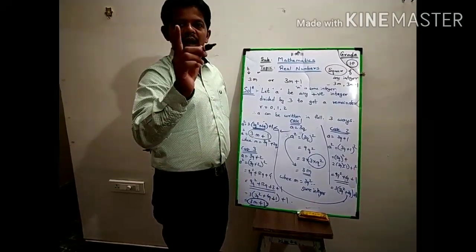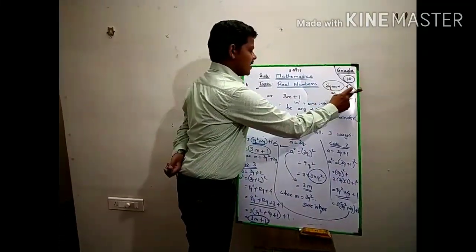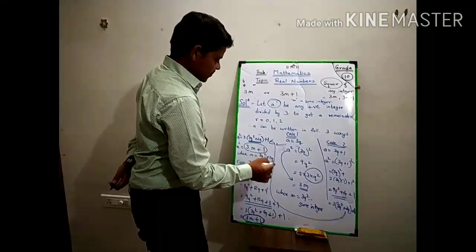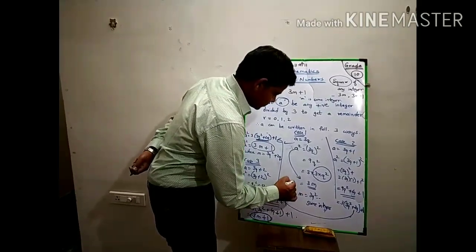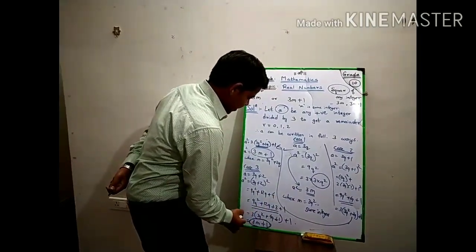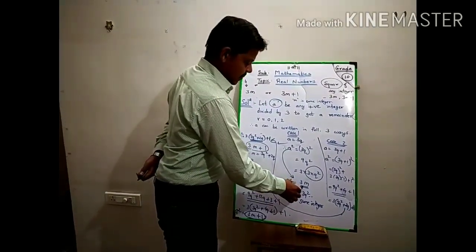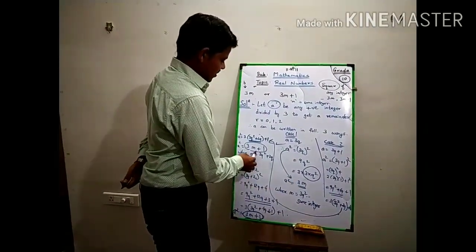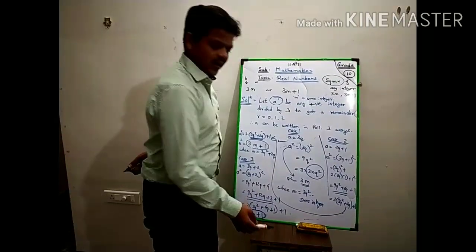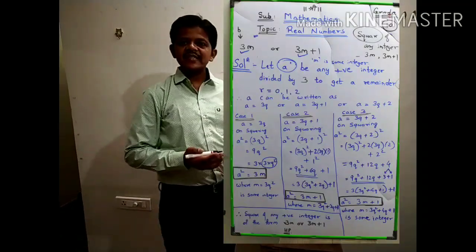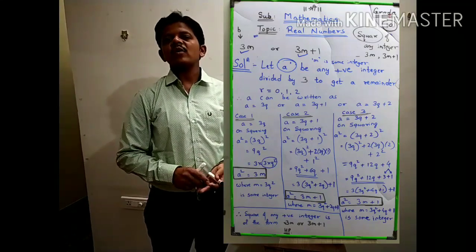Ultimately, the square of any integer, a square, is either 3m or 3m plus 1. This means the square is either 3m or 3m plus 1. This is how we will be solving this.